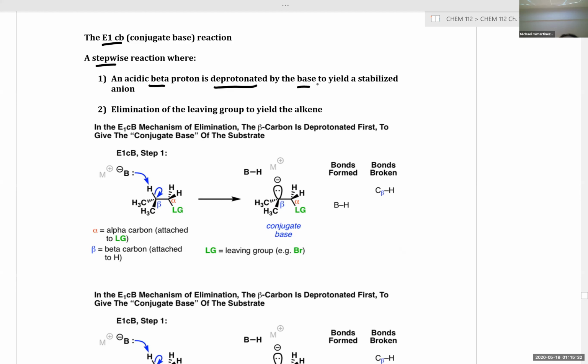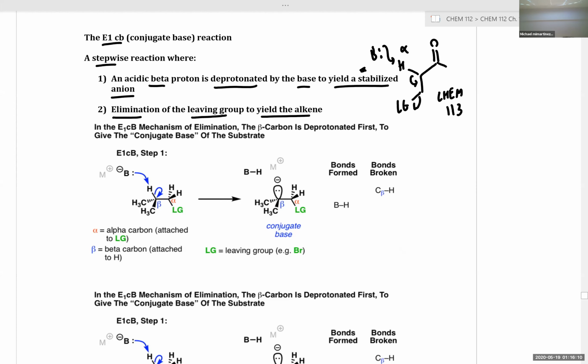It's deprotonated by the base to yield a stabilized anion. In many cases, you will have an alpha proton in a leaving group and the alpha proton will be removed and then you kick out your leaving group. This is very common in the next organic class. So depending on your numbering convention, essentially the proton is removed, you generate a stabilized anion, and then you have elimination of the leaving group to yield the alkene.